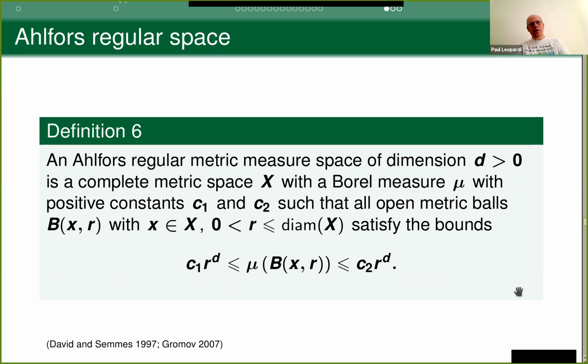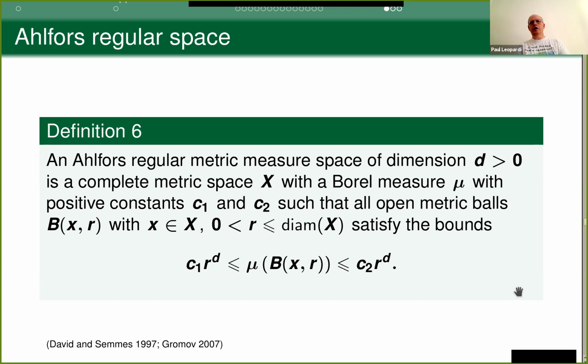Now, is that the diameter? Yeah, so anyway, there is a bound below and a bound above of the measure of metric balls, which have a center anywhere within the space, and have a radius anywhere up to the diameter of the space itself.